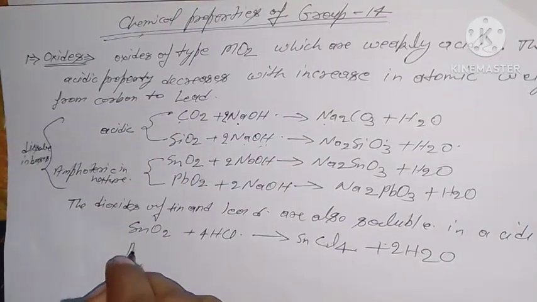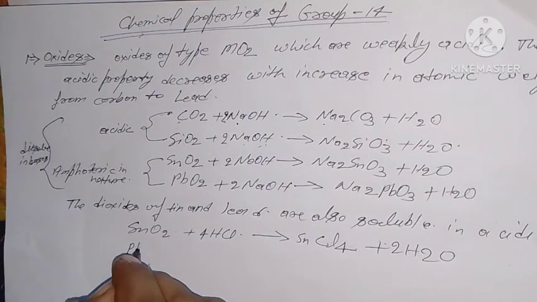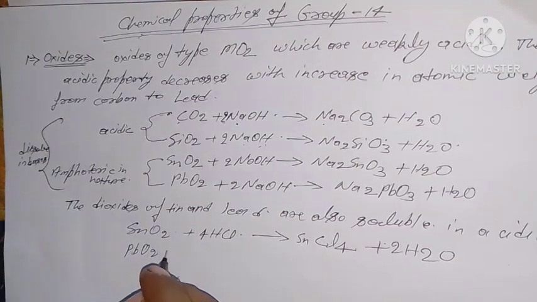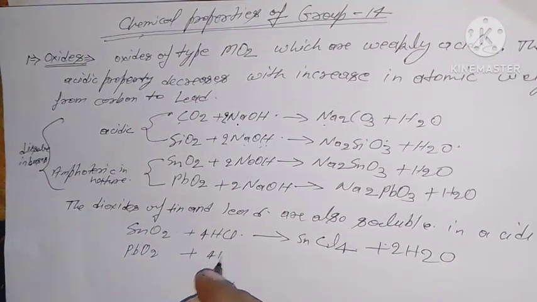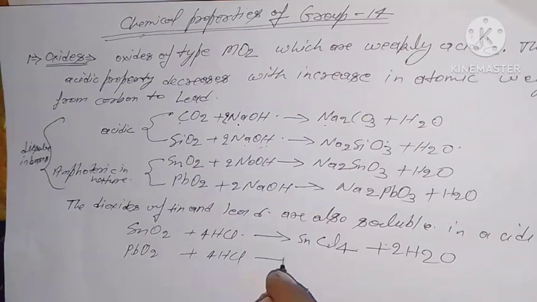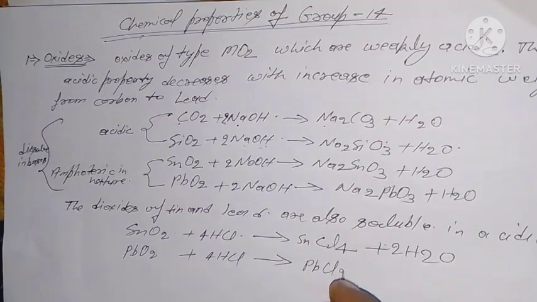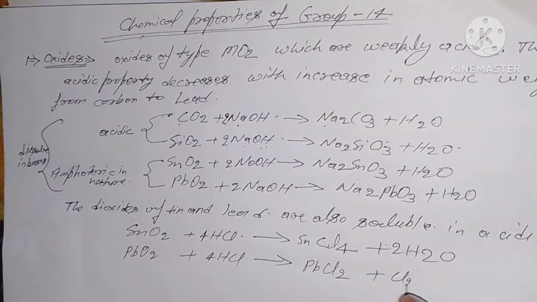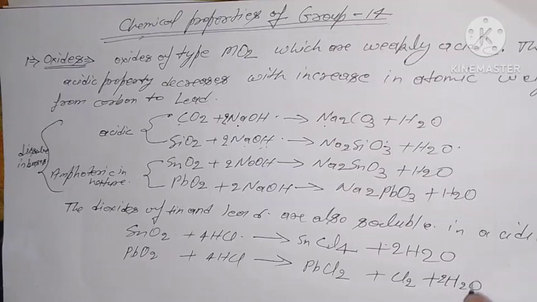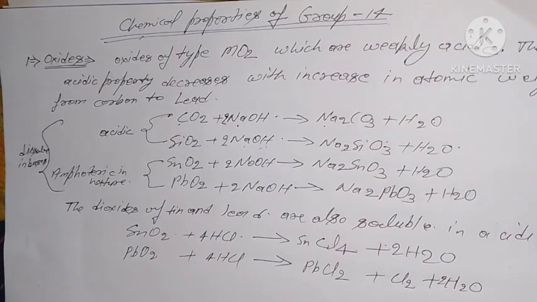And next, lead dioxide plus 4HCl gives lead chloride, PbCl2, plus Cl2 plus 2H2O.